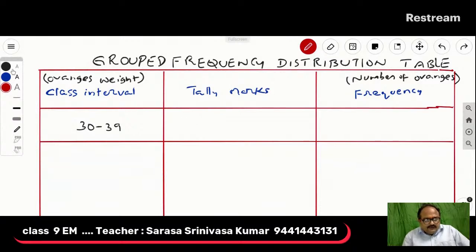I have written the frequency as 6. Now the tally marks: 1, 2, 3, 4, and the fifth one should be written as a slash across, 5. Next, this is 6. So tally marks should be written in this way.